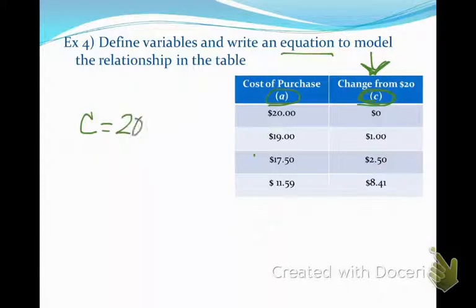So I'm going to put $20 down. Then, how much I purchased it for. Well, they gave me a variable for that. They gave me A as my purchase, so it would be 20 minus A.